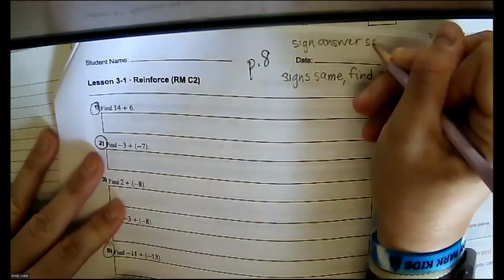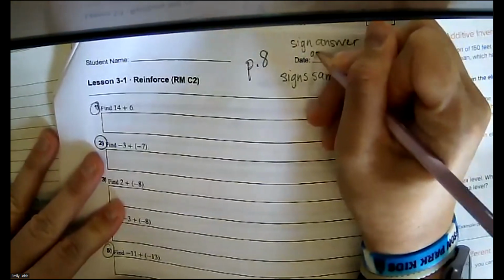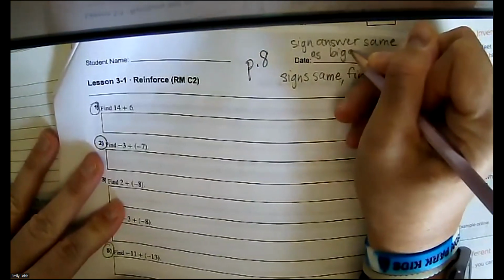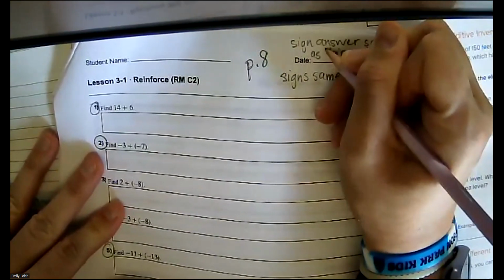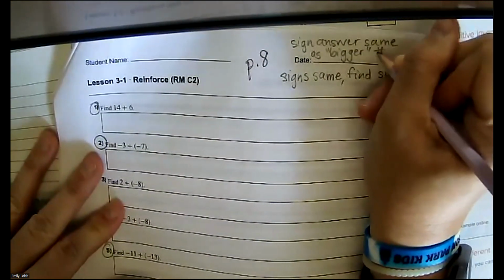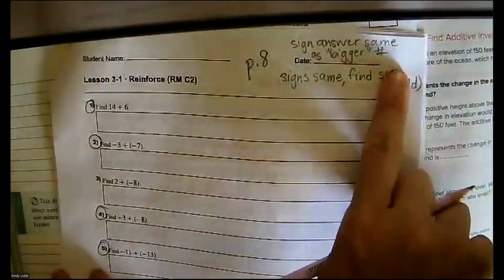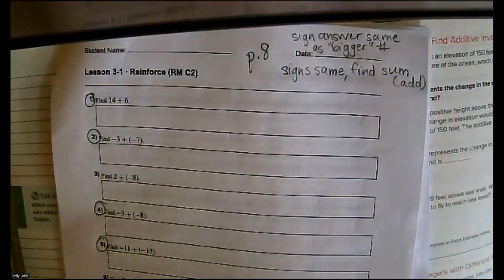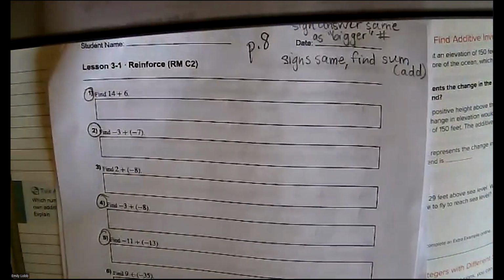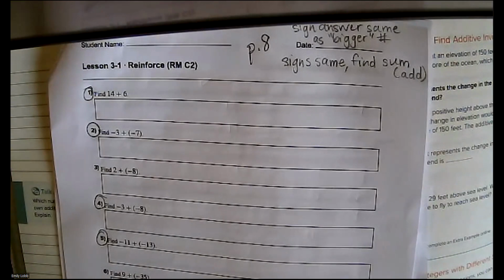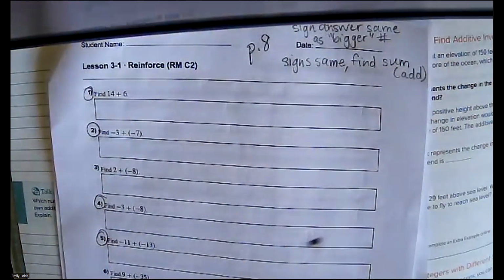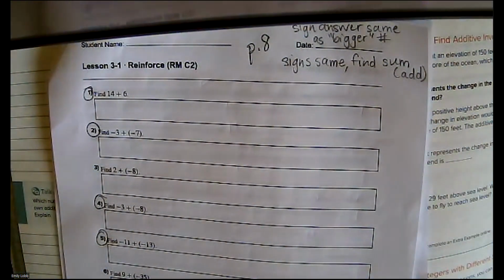We're going to say same as bigger. Remember, this is the absolute value. Same as the bigger number. And when we find the sum, we're finding the sum of the absolute values. Just 1, 2, 4, and 5. Super, you can do 3. All right, so 1, 2, 4, and 5.